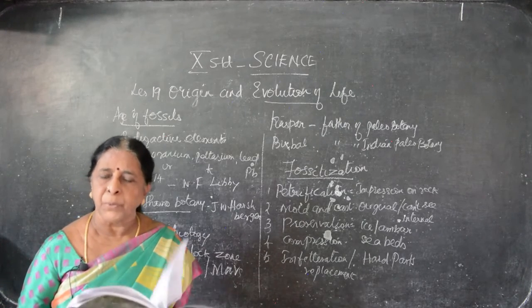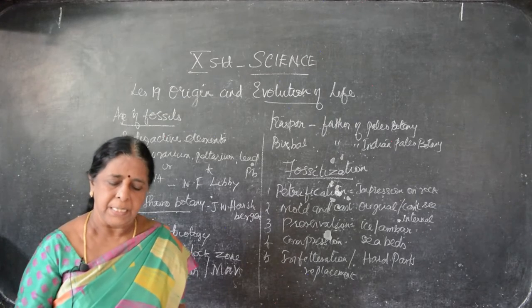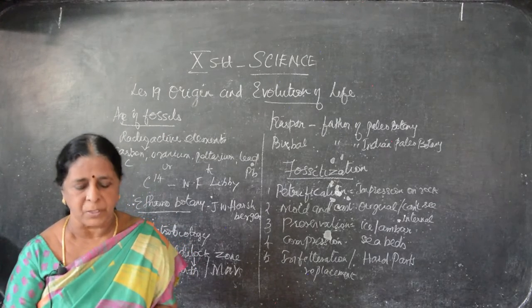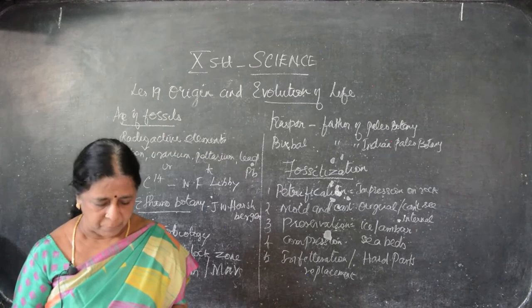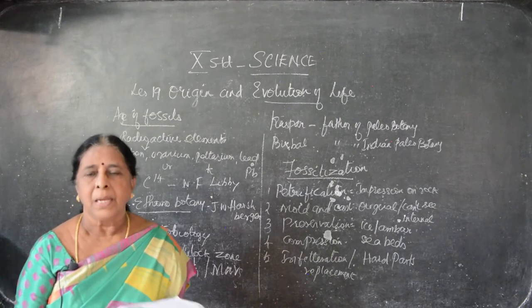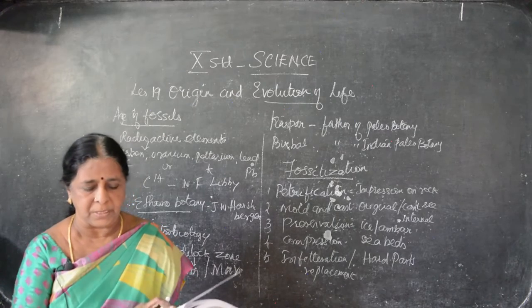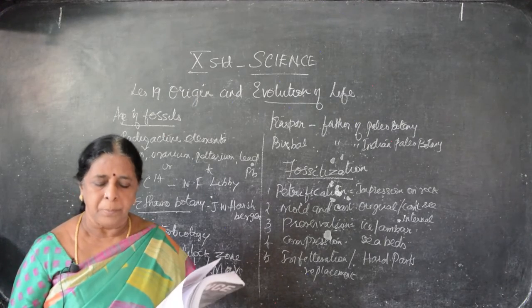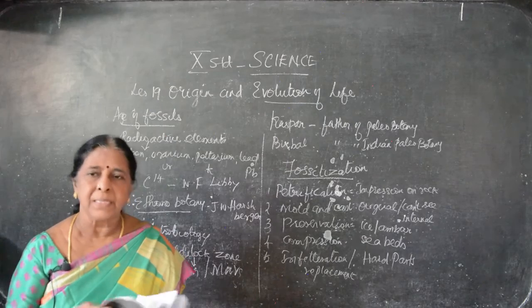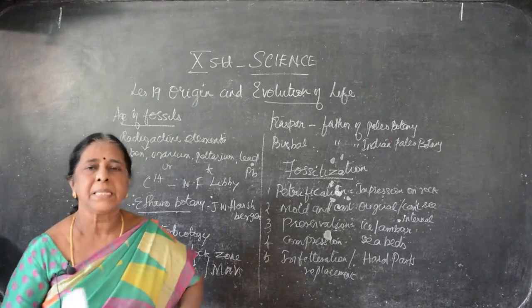Variation is explained by the mutation theory, introduced by De Vries. Paleobotany: the importance of fossils. Then we have seen fossilization, the ways of preserving fossils, and how to find out the age of fossils. And ethnobotany is an important boon for humans. So we have completed the lesson, children. Okay, thank you. Let us see in the next class.